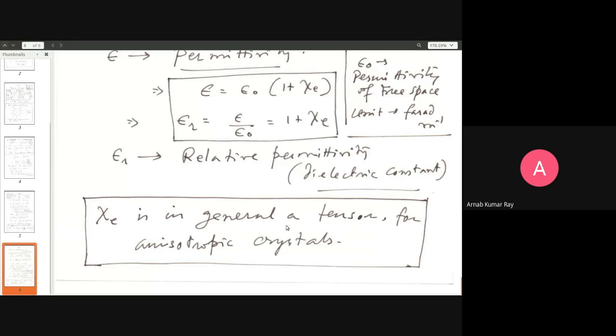First, let me just give you a simple example of mechanical properties. For instance, in your school chemistry, you would have studied the allotropes of carbon. Diamond is an allotrope of carbon. Diamond is just made of carbon.